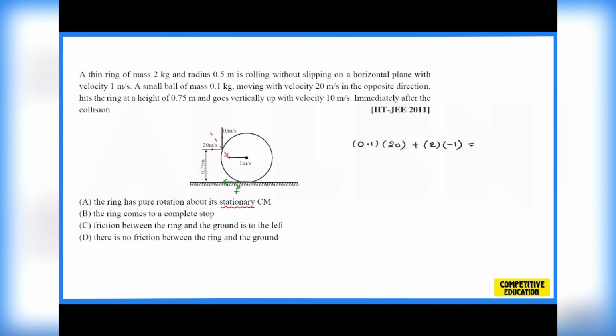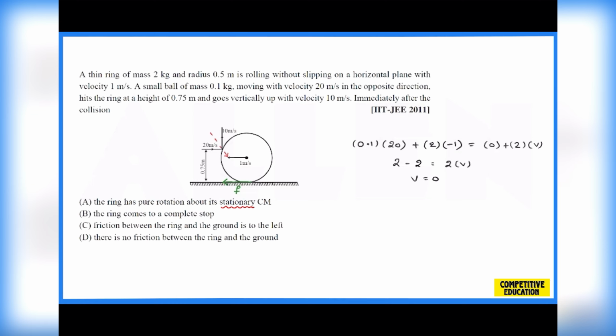This will be equal to final velocity of ball. I am conserving momentum in x direction, so final velocity of ball in x direction is 0, plus let us say the velocity of this ring becomes v. So from here this will be 2 and this will be -2, which equals 2 into v, so v will come out to be 0.